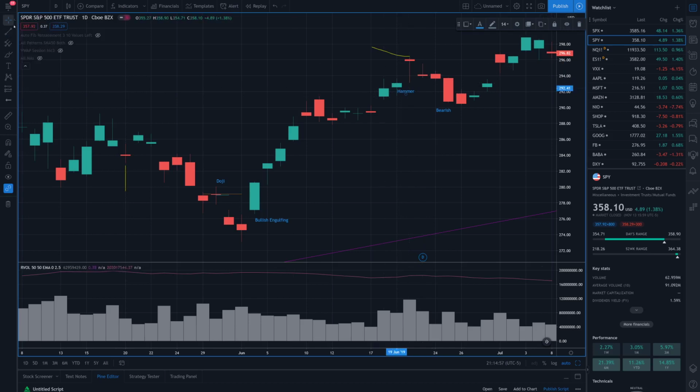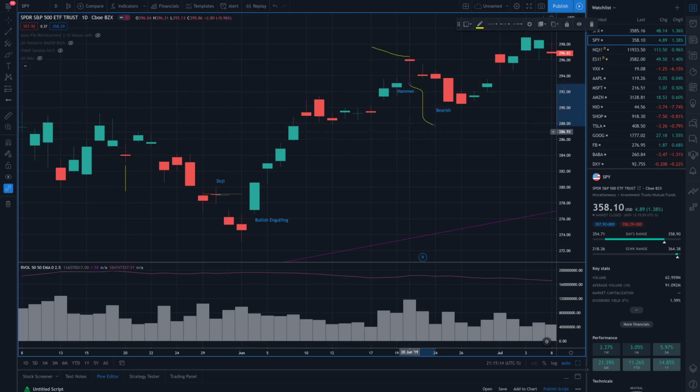But the logic here is that it opened at that price and closed similar to that price, and we see this huge wick right there.